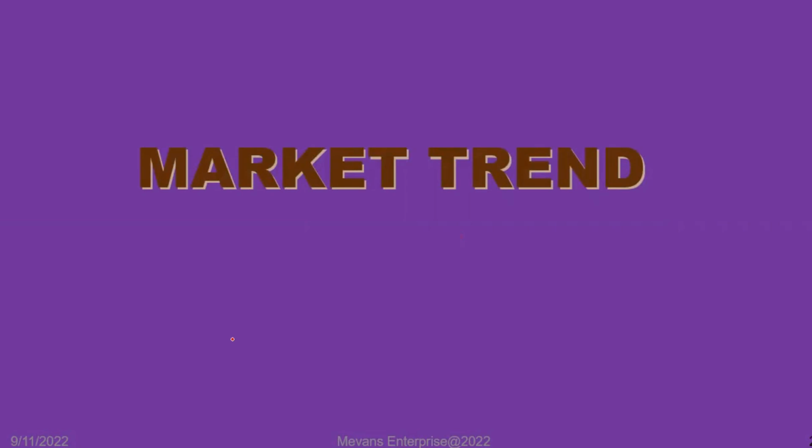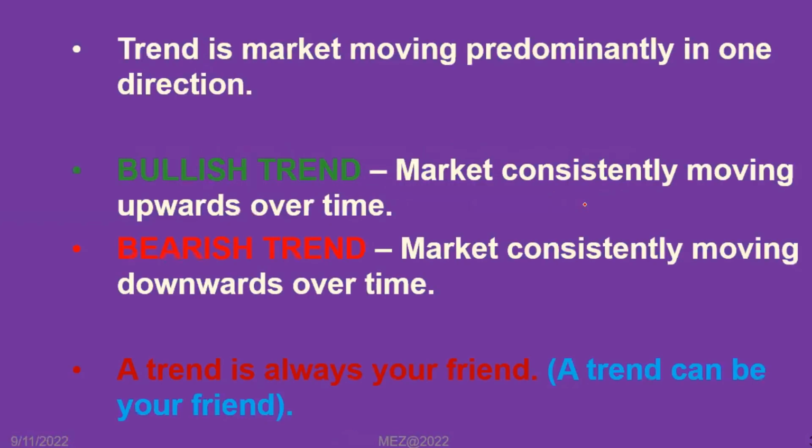Okay, so briefly, I'm going to talk about the market trend. Let me just define what the trend is. So trend is a market moving predominantly in one direction. Okay, so this is just a trend.